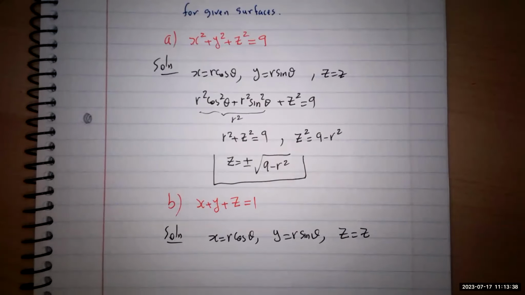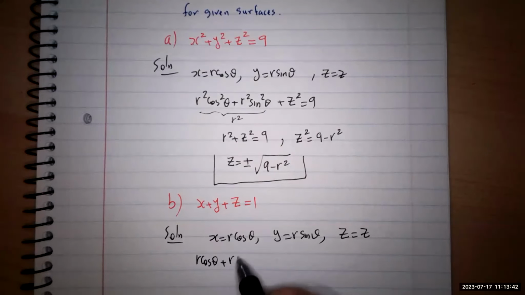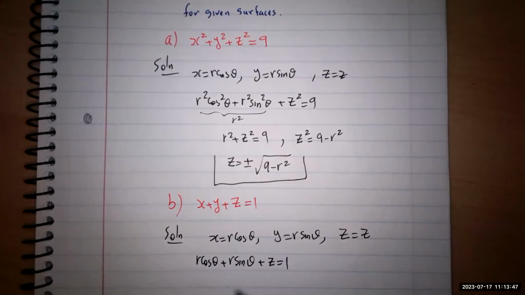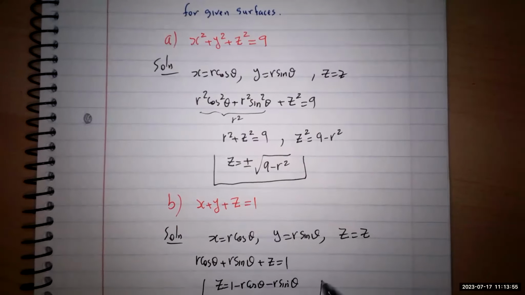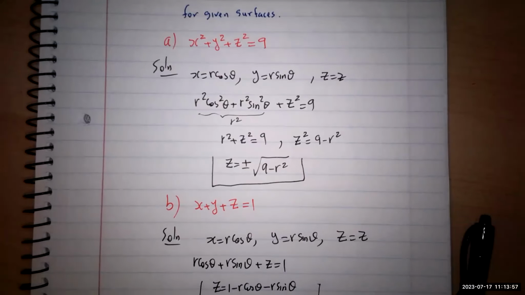If you substitute, you don't have much to simplify. It's r cosine theta plus r sine theta plus z equal to 1. So simply z equal to 1 minus r cosine theta minus r sine theta. This is the best we can do. Okay, so that gives you the idea.